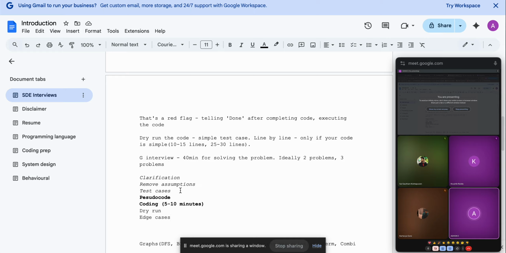So what I'm saying is, not all, but 75% of your problem solving is about the first 4 steps. Clarification, and then removing assumptions, test cases, solutioning. This is about algorithm, data structure, finding. As I mentioned, if you have solved enough number of problems, 80% of the time you should be in autopilot mode.